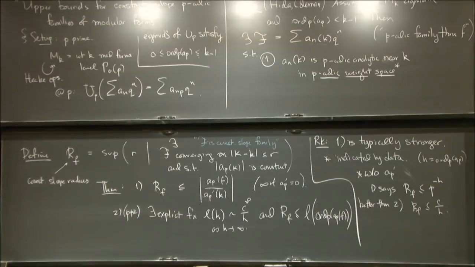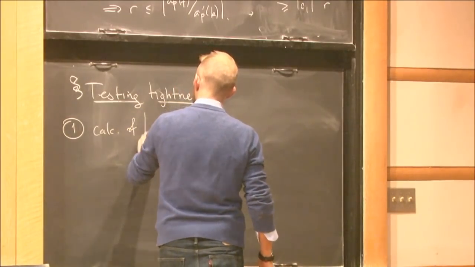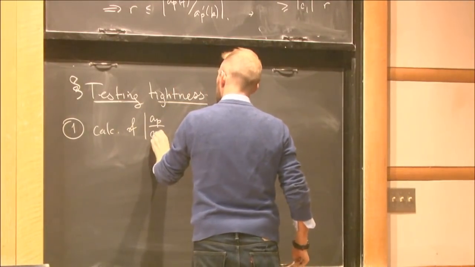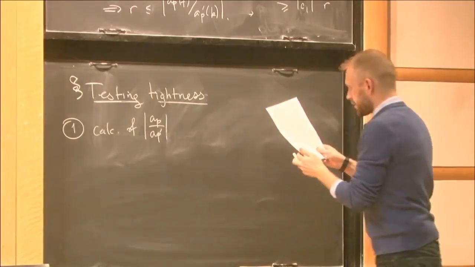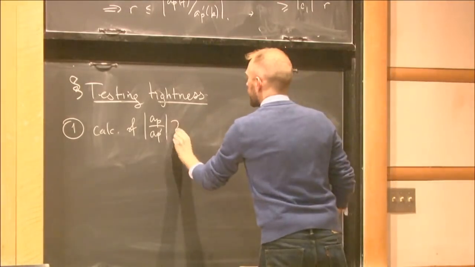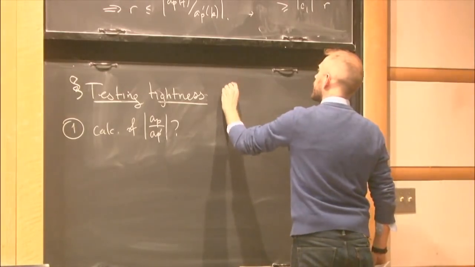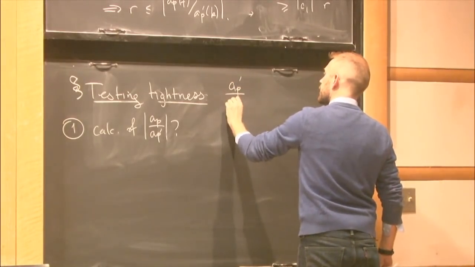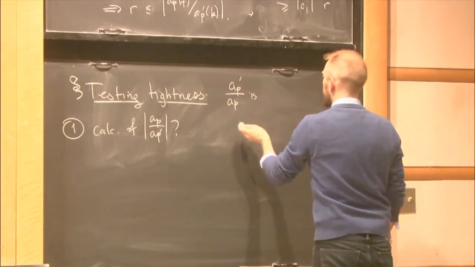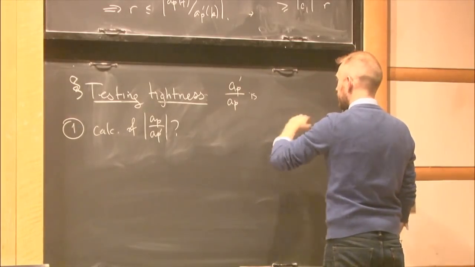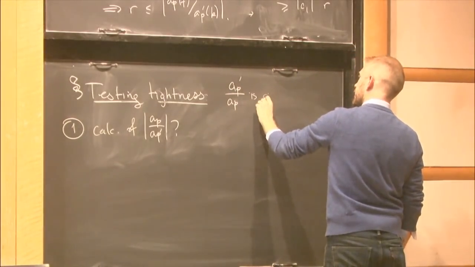So the story goes, how do you calculate these things? AP prime over AP, or maybe 2 times this, is what's called an L-invariant.